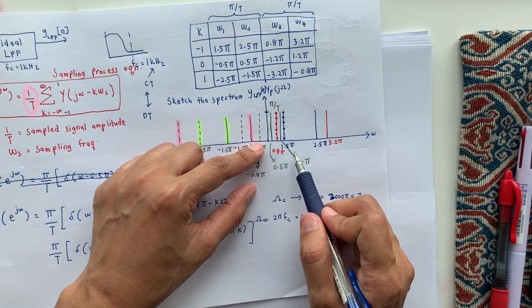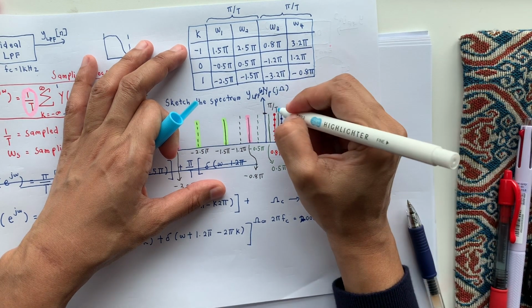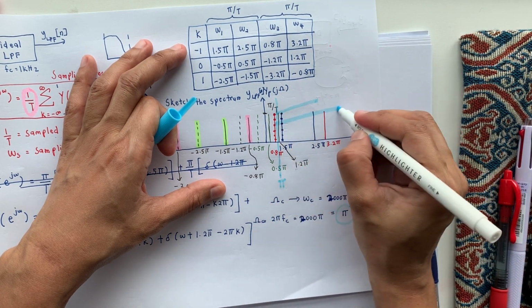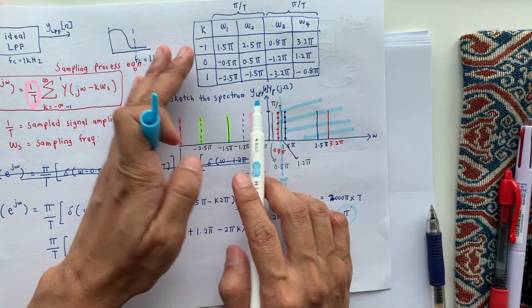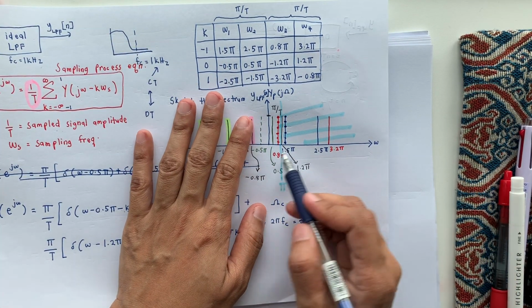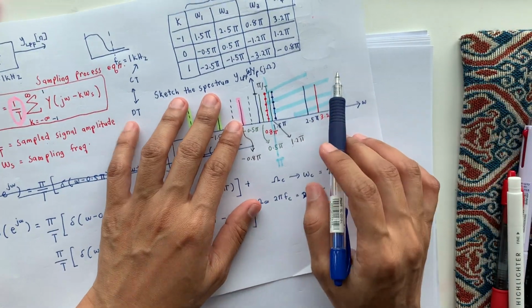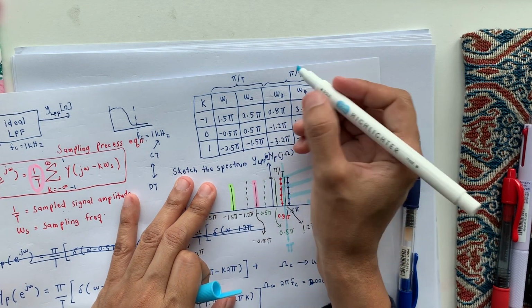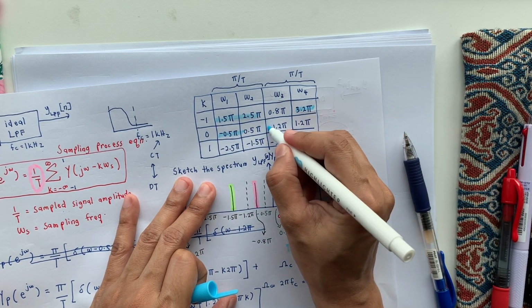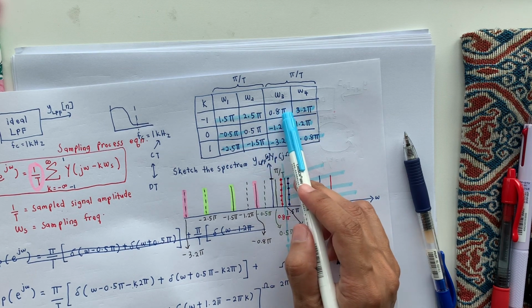So we are going to cut off all the values which are greater than pi, and this value you can just ignore. What's left is 0.5 pi and 0.8 pi.